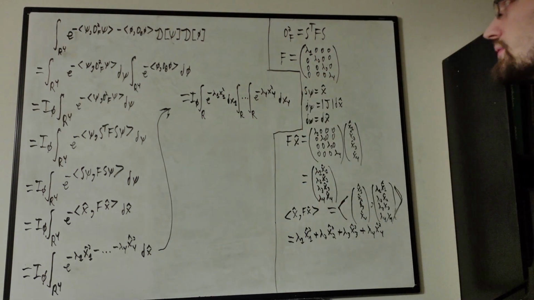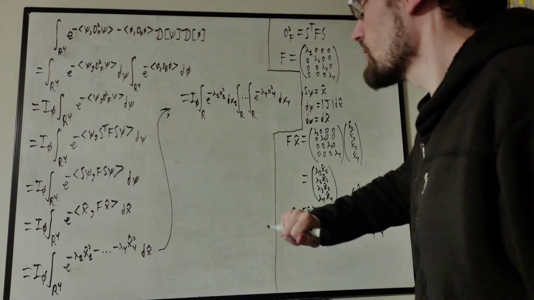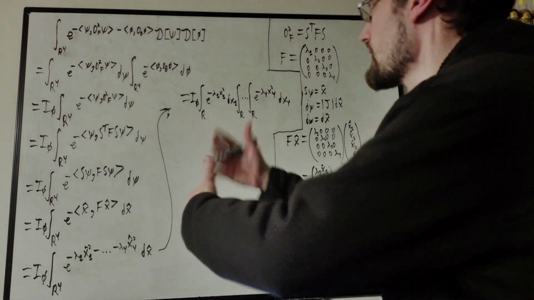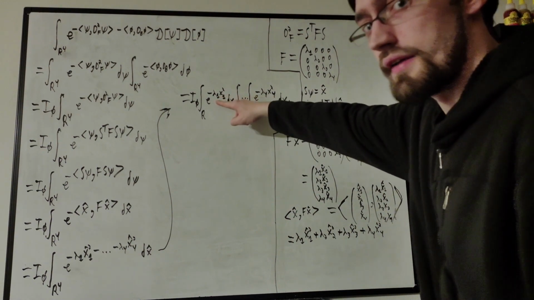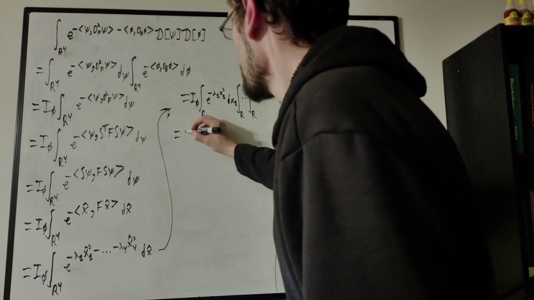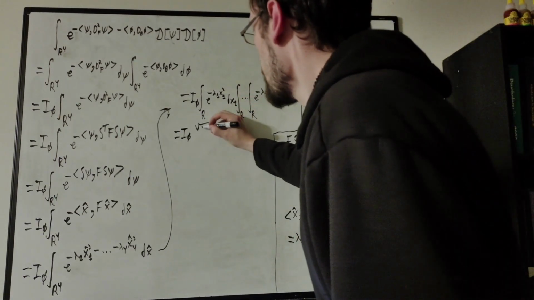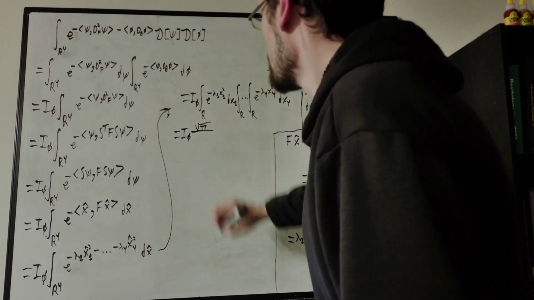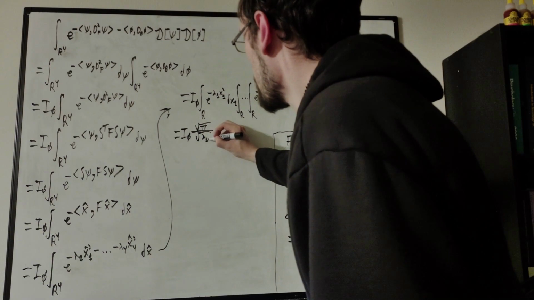So here we are. Now on each one of these we're going to get a factor of the square root of pi divided by the square root of the eigenvalues that are down our diagonals. So for example, this will equal I sub phi times the square root of pi over the square root of our first eigenvalue.